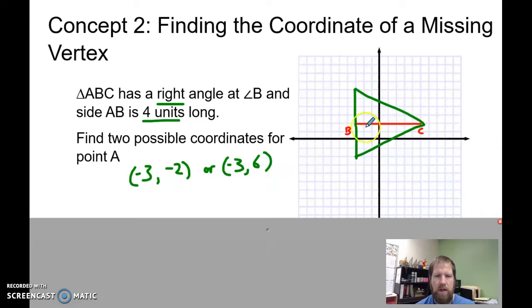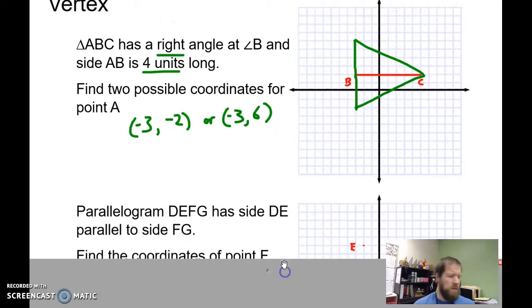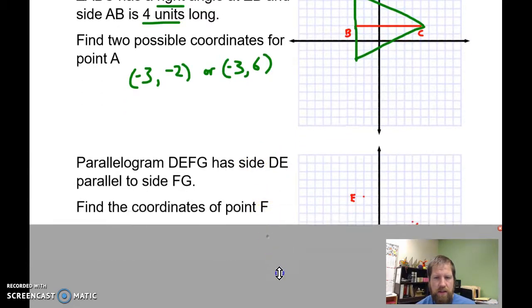We can see that B here is at -3, 2, so it's either going to be 4 above that or 4 below that.